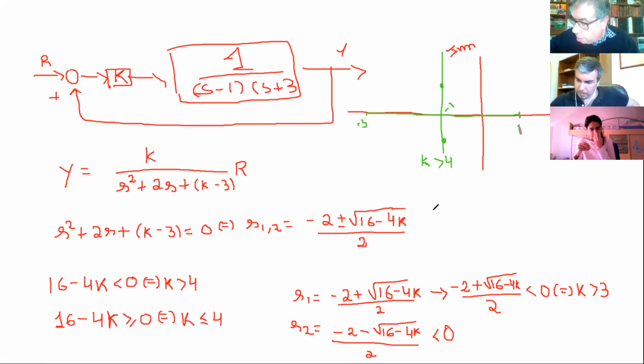Probably when you have one unstable pole and a stable one. So mark two small squares there. You will have one in the left and one in the right.